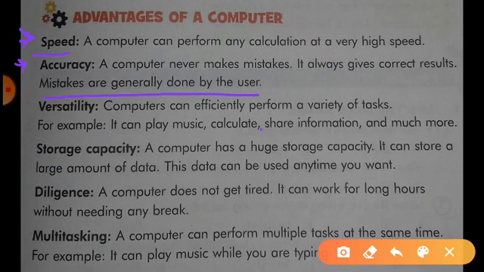When you give wrong input, then the computer will give you wrong output. Now versatility. A computer can efficiently perform a variety of tasks. For example, it can play music, calculate, share information and much more. Storage capacity. A computer has a huge storage capacity.